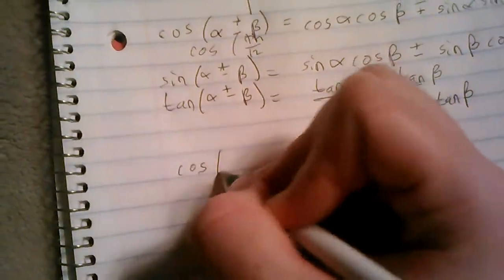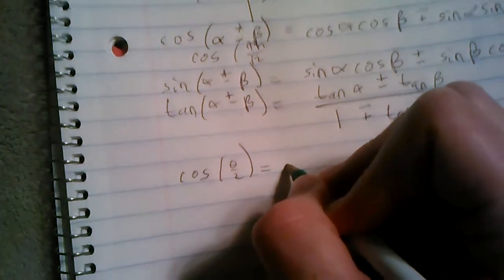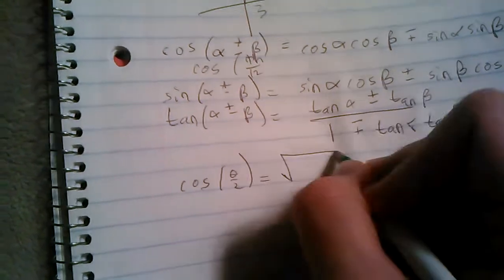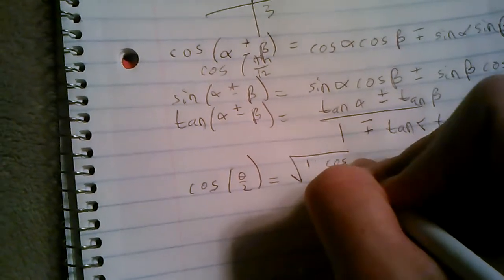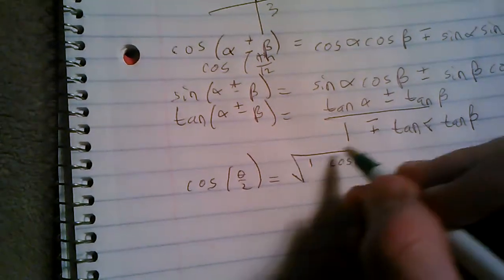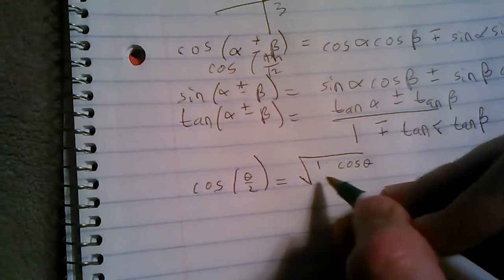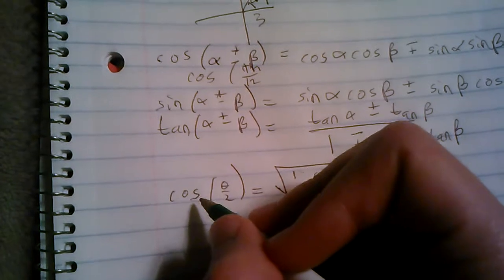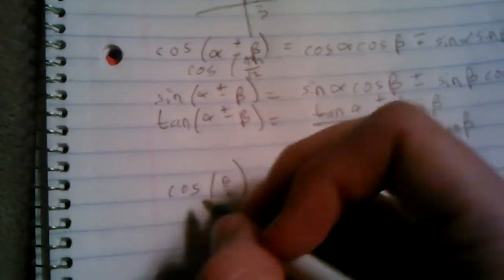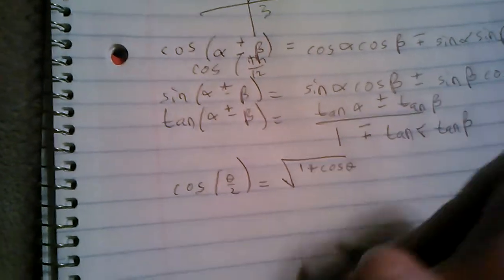So cosine of theta over 2. I know these are the tough ones to remember, but I think I can make it easier. So you've got a square root, and you've got 1. Say you're not sure. It's kind of like you've got a square root and a 1 and a cosine up there. How do you remember? Well, since we can check that this is cosine, and if it is cosine, it is positive.